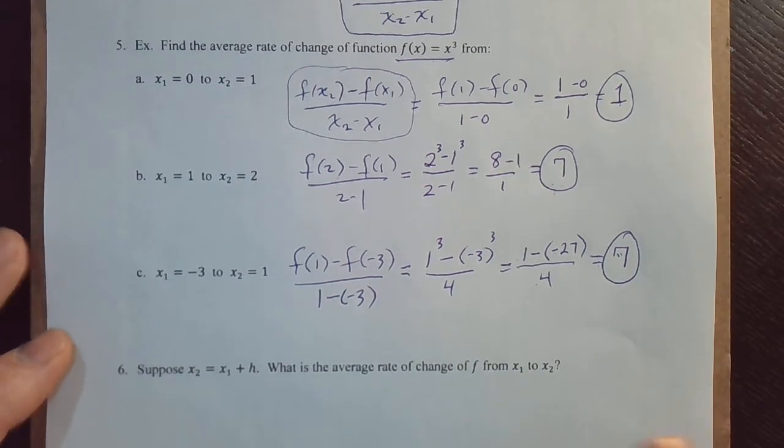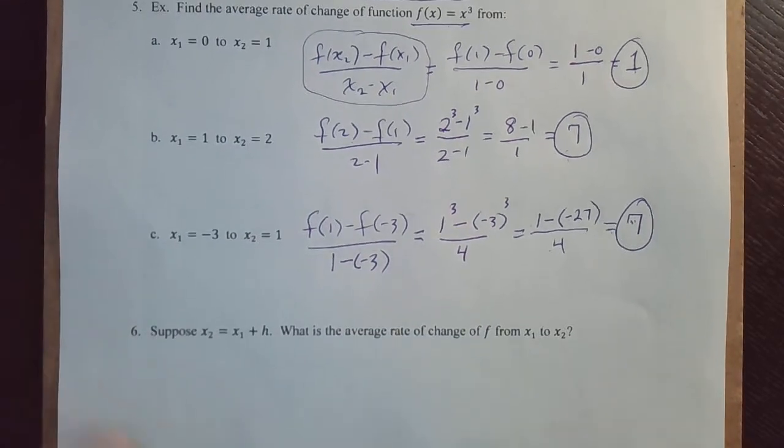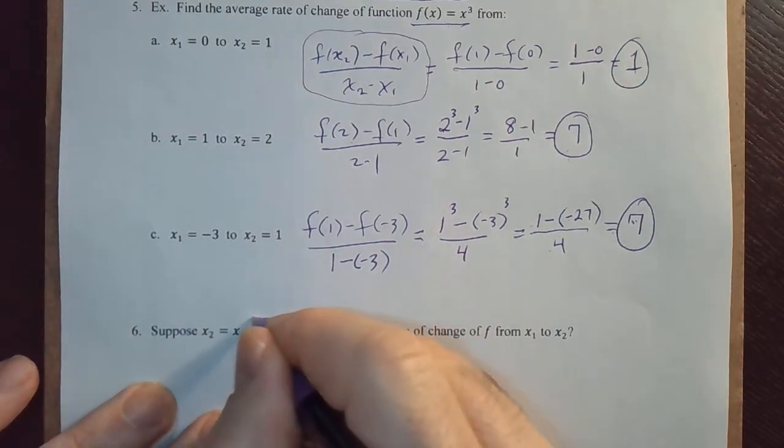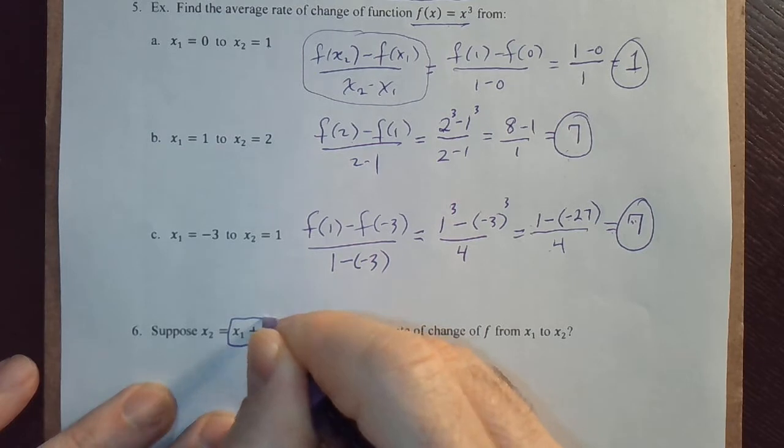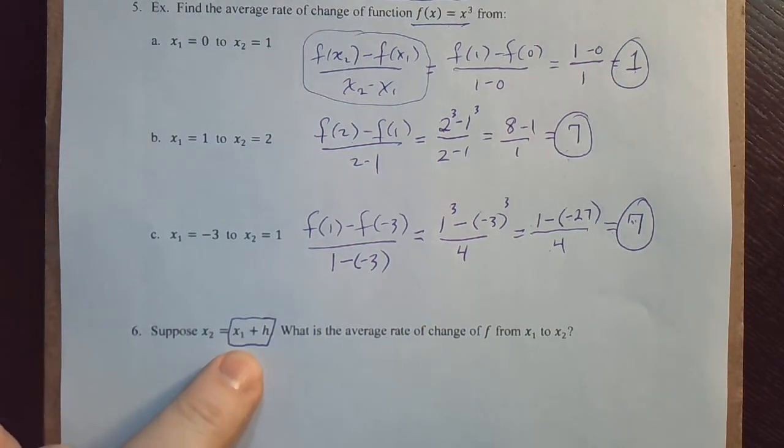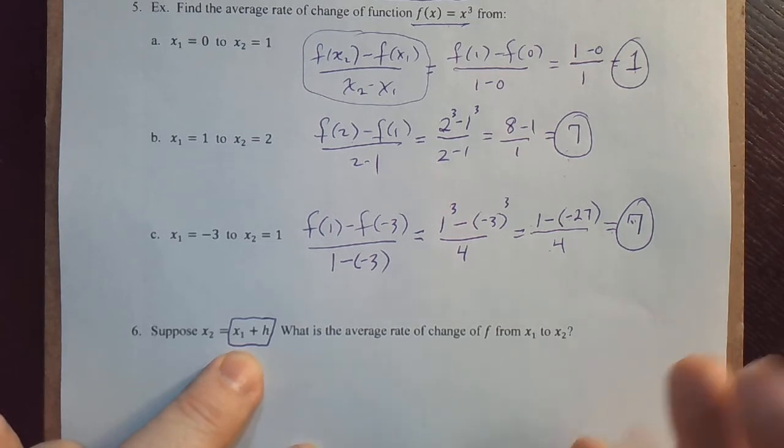All right, one more to finish up this video. Suppose that x2 is written in terms of x1. Call it x1 plus h. What is the average rate of change of f from x1 to x2? It's very simple. We just plug it in.